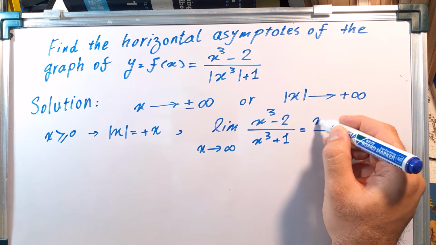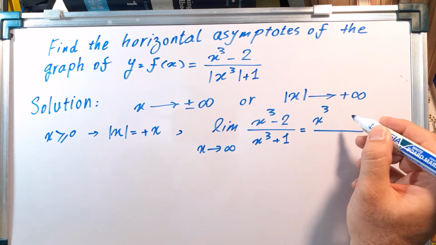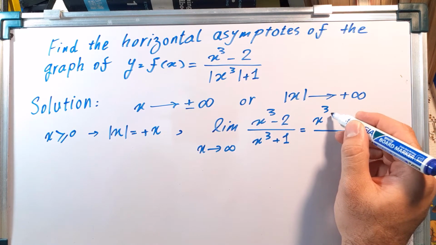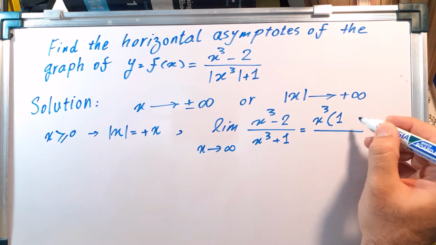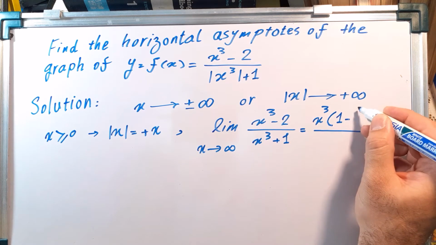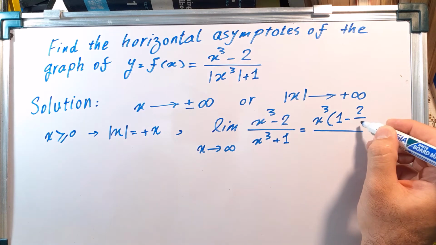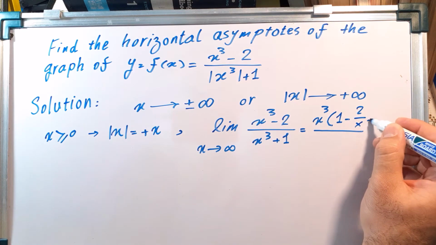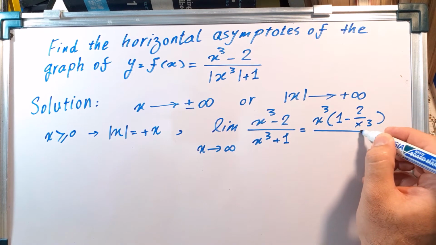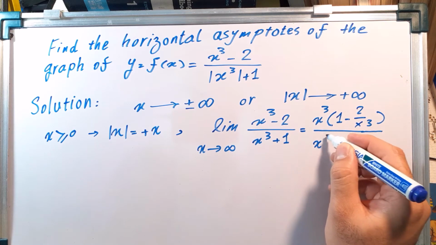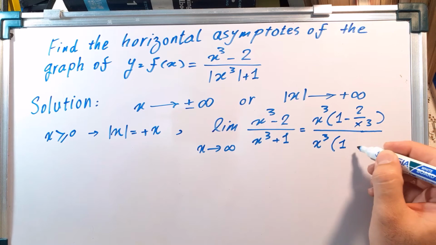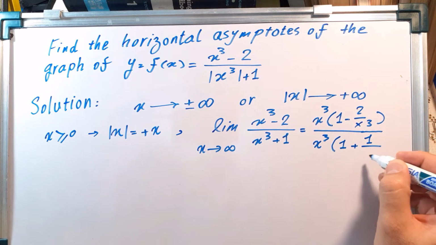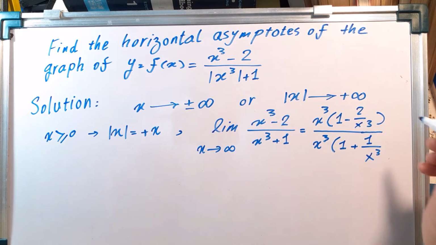By factoring x to the power 3, we have 1 minus 2 over x to the power 3, and also here x to the power 3 again as the factor, plus 1 over x to the power 3.